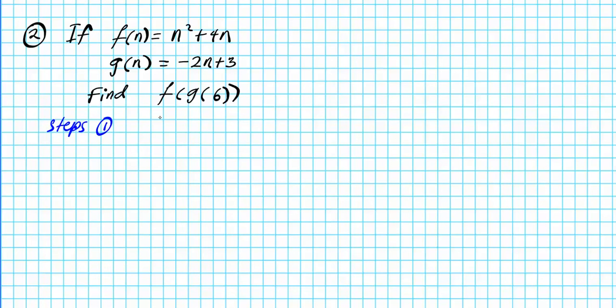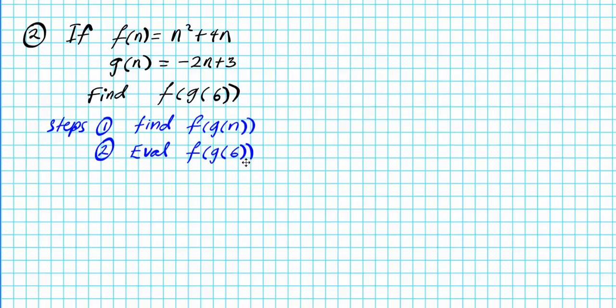Part one is you find the composed function f of g of x, like we did in question number 1. Independent variable here is n, so let's stick to that. We need to find f of g of n first, and then next step is to evaluate f of g of n at the input value of 6.